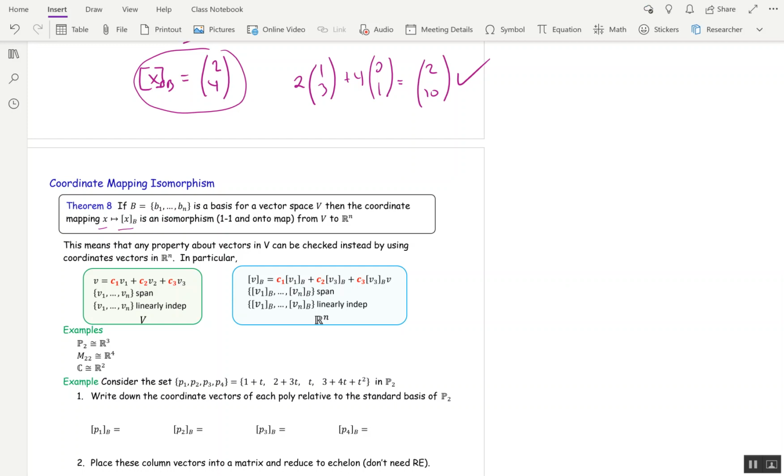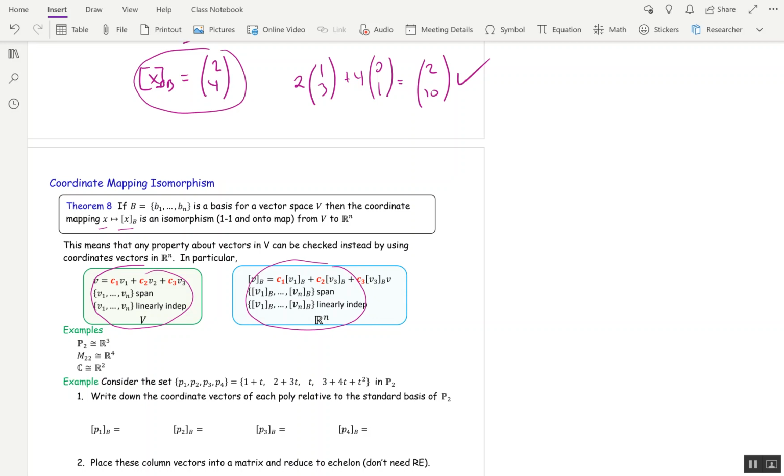If you take any set of vectors in the vector space, v1, v2, v3, whatever they do in the vector space, their coordinate vectors do the same thing over in Rn.